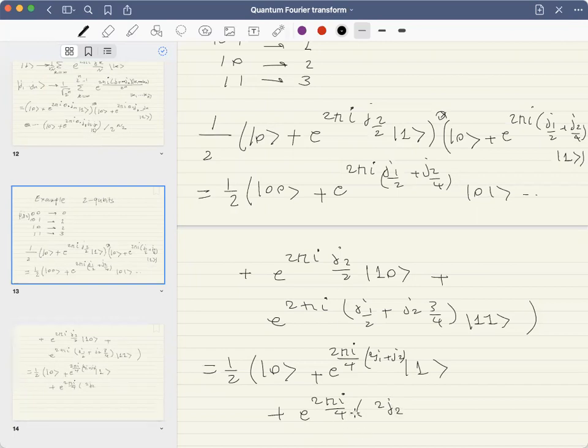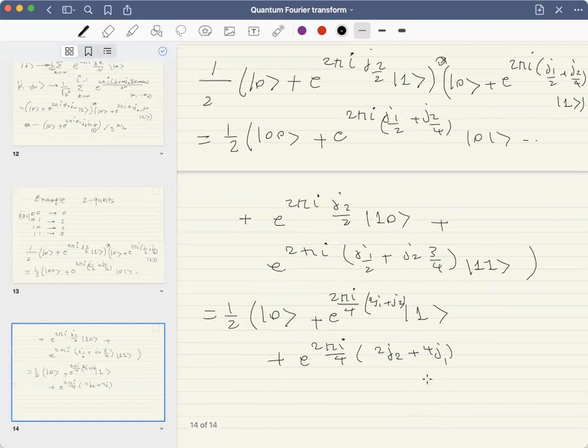Now I play a trick. If I add a 4J1 here, I'm not going to change anything because the 4 cancels this 4. J1 is an integer, so e to the 2 pi times an integer is 1, so that's not going to change anything. So that's to say, state 2, 1, 0.